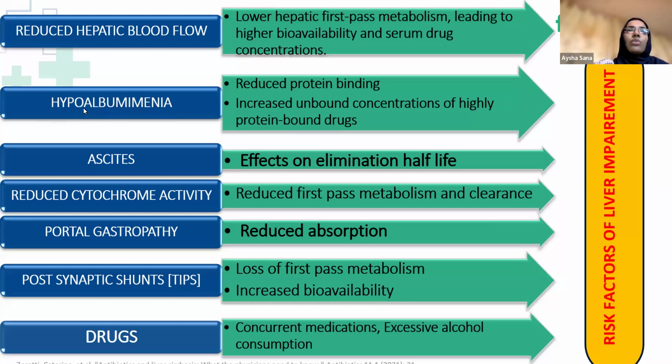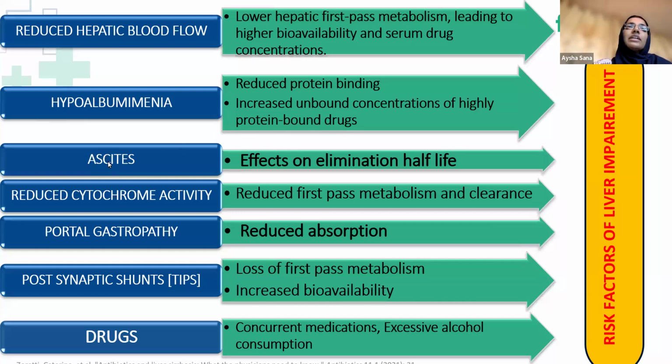As you all know, albumin is a substance to which drugs are bound in the serum, and if a patient has less albumin, it will result in less protein binding of the drug. It will increase the unbound fraction of the drug, leading to toxic effects. So we'll have a high amount of free unbound concentration of drug in the blood, and the drug's toxicity will affect the patient.